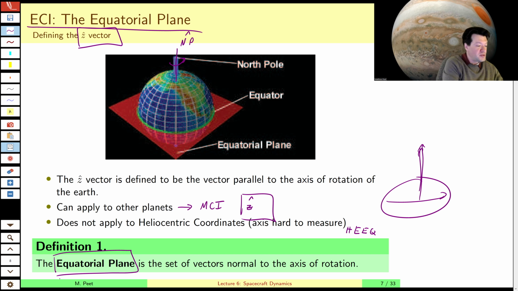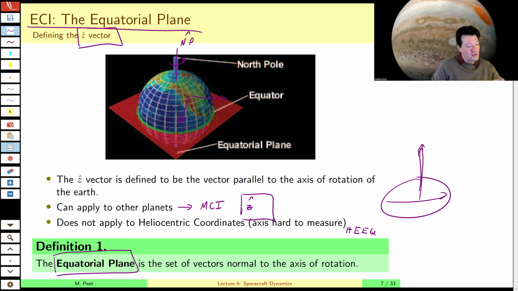Notice that the equatorial plane is defined at any point on the Earth, right? Or anywhere outside of the Earth, because it's defined as the vectors perpendicular to the z-hat vector. So we could define the plane perpendicular to any of these points, right? So don't get fixated on the fact that the equatorial plane is stuck at the center of the Earth.